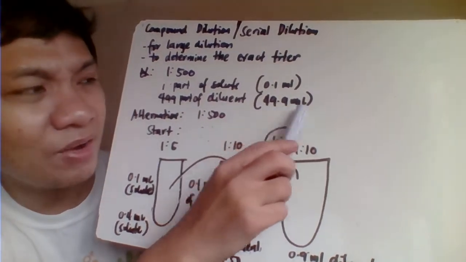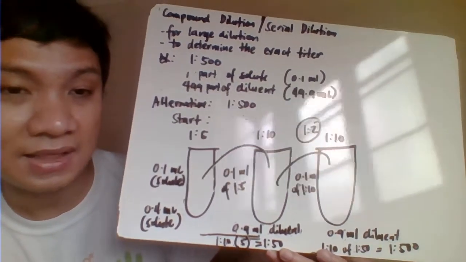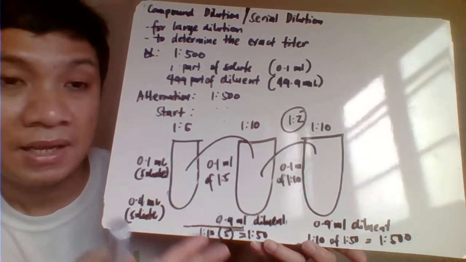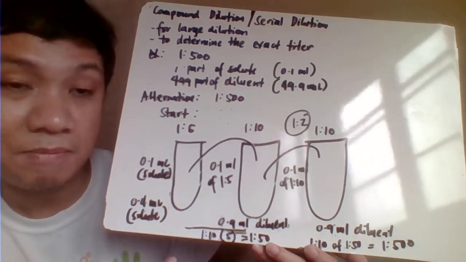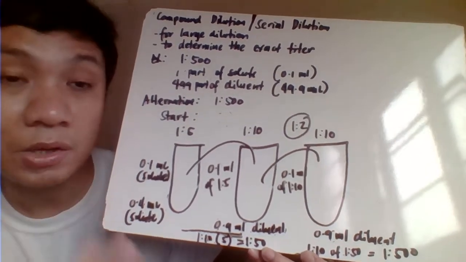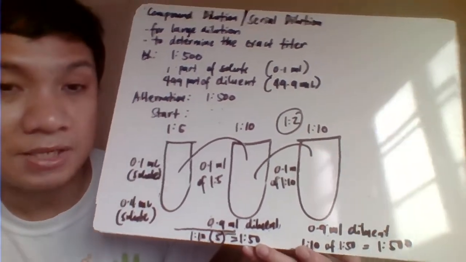So remember, gaano kadami ang sinasayang natin na reagent just to come up with 1:500, where in fact you can perform your serial dilution wherein you only need a very small volume of the diluent plus the serum of the patient.